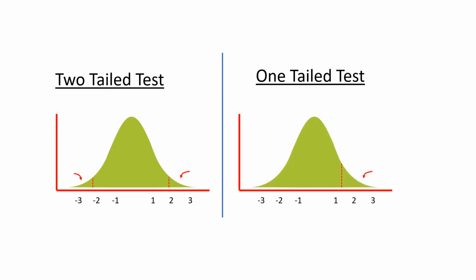I'll just point out, which hopefully is obvious if you think about it a bit, that it's harder to reject a null hypothesis with a two-tailed test because the sample mean has to be further away from the population mean. In a one-tailed test, on the other hand, that 5% probability is lumped over on one side of the distribution, which has the effect of moving the associated sample mean closer to the population mean.